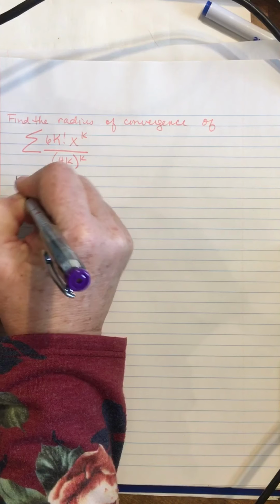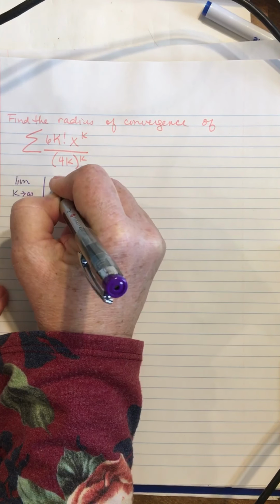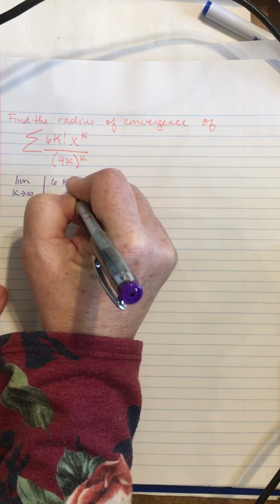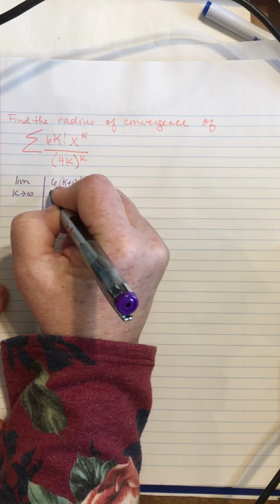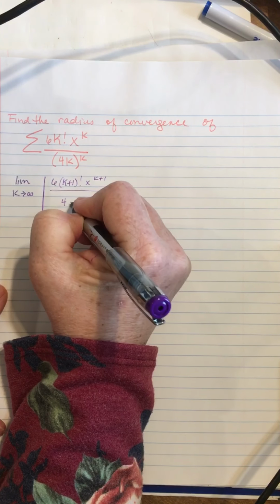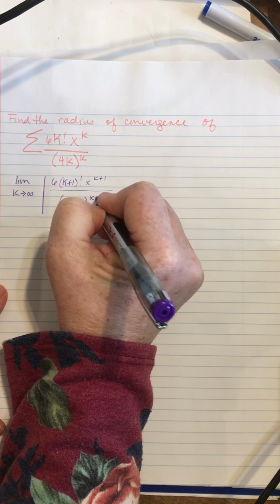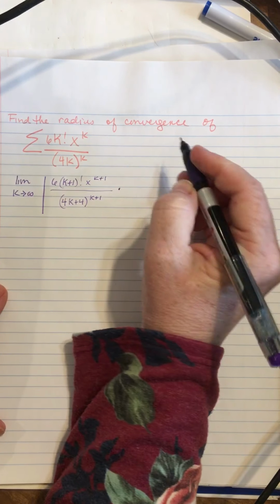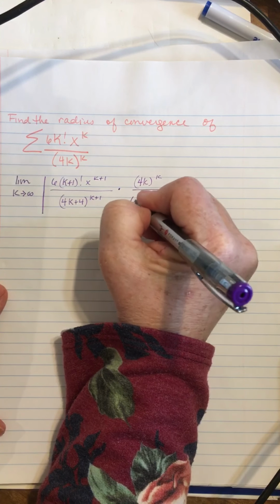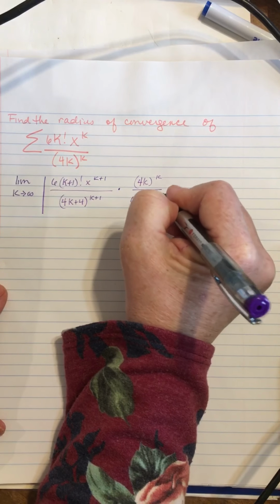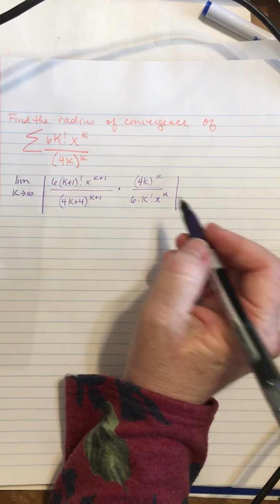So we'll be taking the limit as k approaches infinity of the absolute value of 6 times (k plus 1) factorial x to the k plus 1 over 4 times (k plus 1), which would be (4k plus 4) to the k plus 1, times (4k) to the k over 6 times k factorial times x to the k, in absolute value. And so let's see what will cancel.